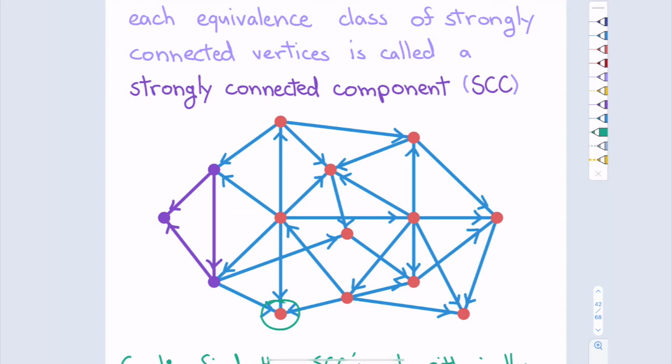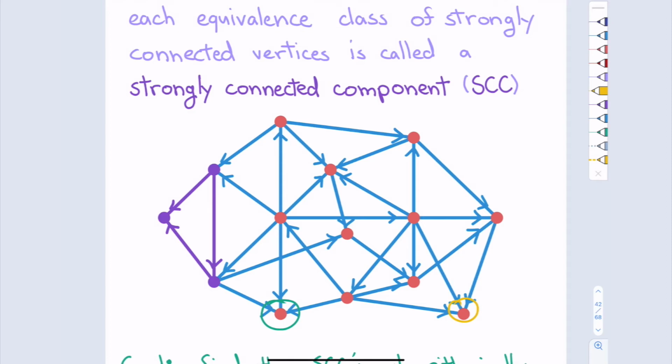This vertex by itself is its own equivalence class because it can't reach anyone. Another equivalence class would be this sink vertex down below. Again, it can't reach anyone, so it's its own strongly connected component.